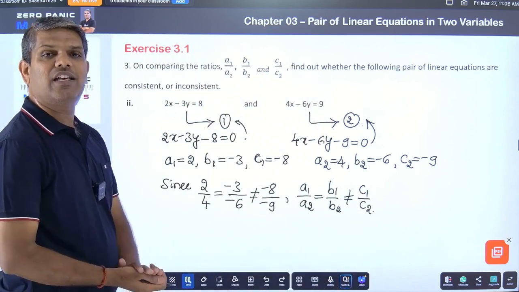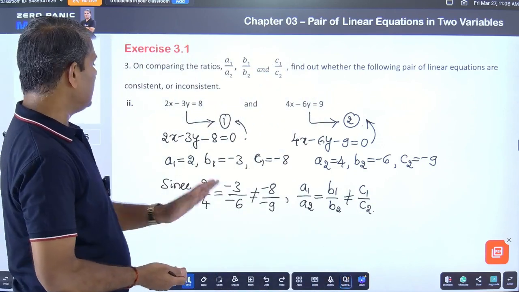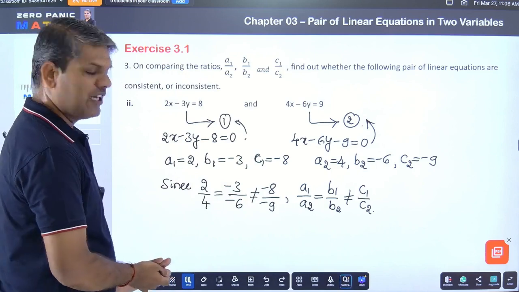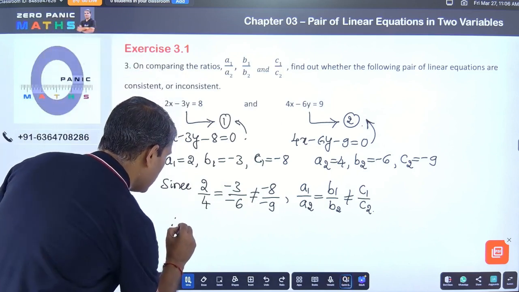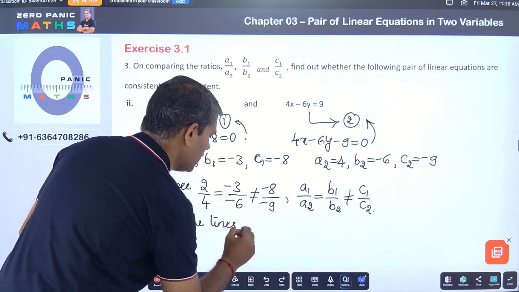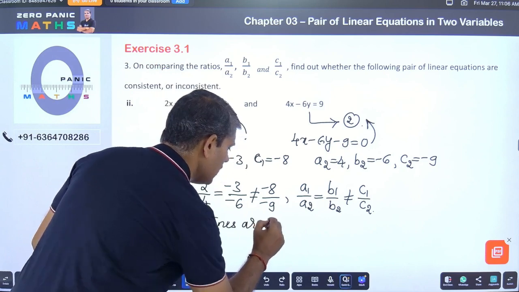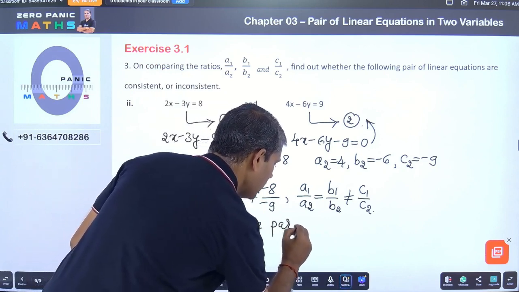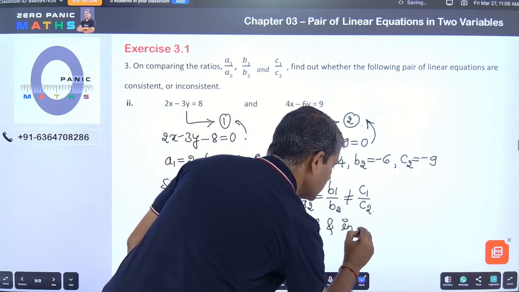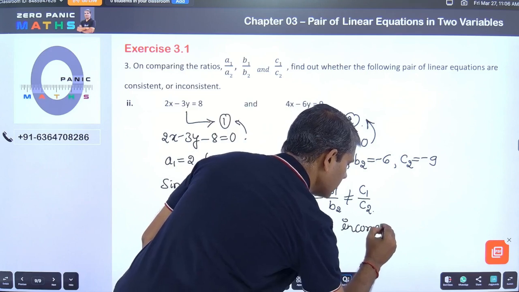So what does this condition tell us? That these lines are parallel lines and inconsistent. So therefore the lines are parallel and inconsistent.